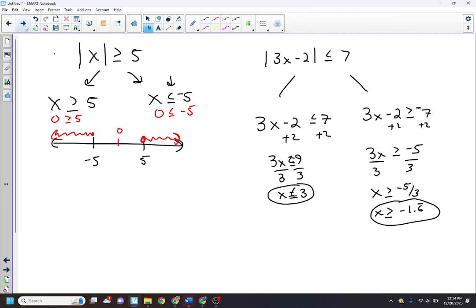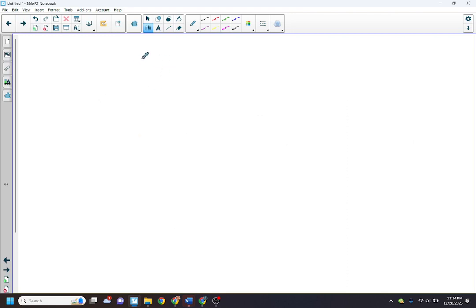All right. Keep in mind in absolute value equations, before you split it, you must get the absolute value by itself. So in this scenario that I just drew up, you divide both sides by 3 first.